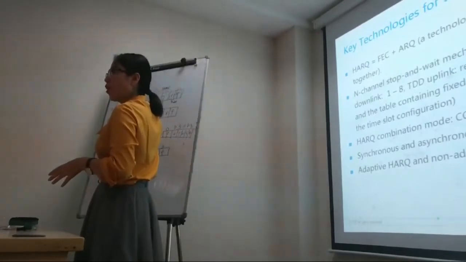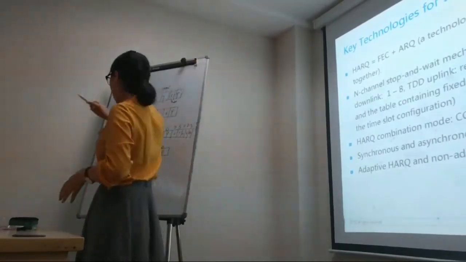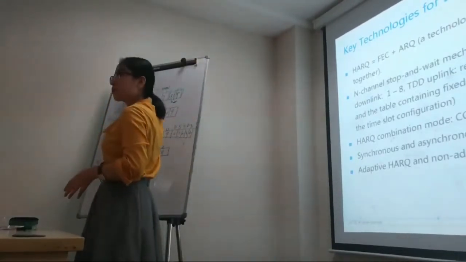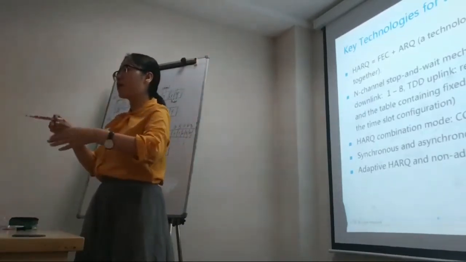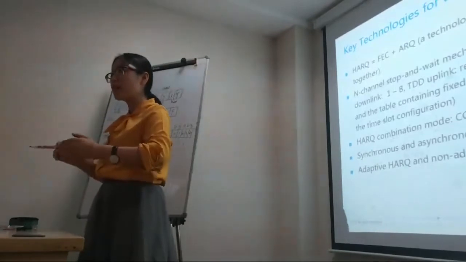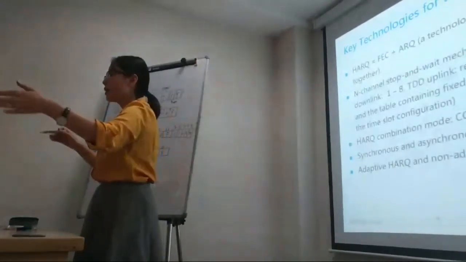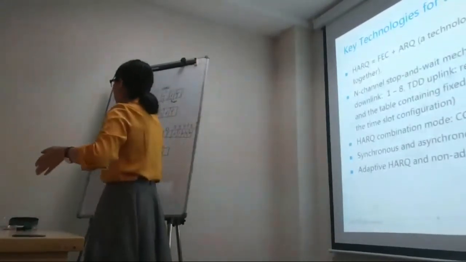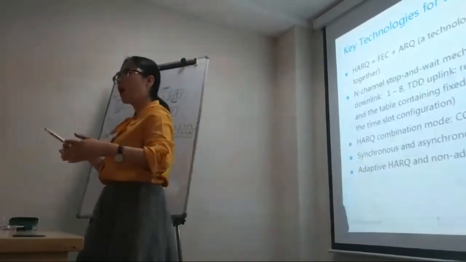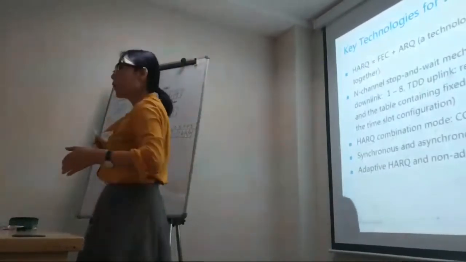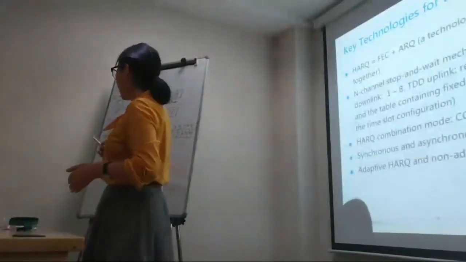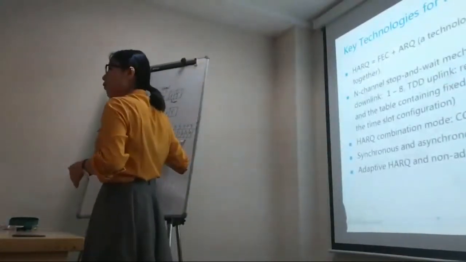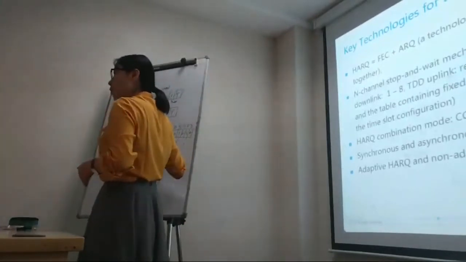FDD is simple: its time is 4, and I just add the HARQ process number, which is just from 1 to 8, right? But for TDD, the HARQ process number can be set to a maximum of 15. And for different subframes, the time delay is different.